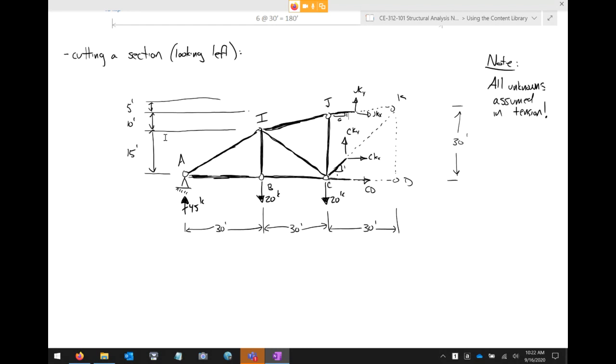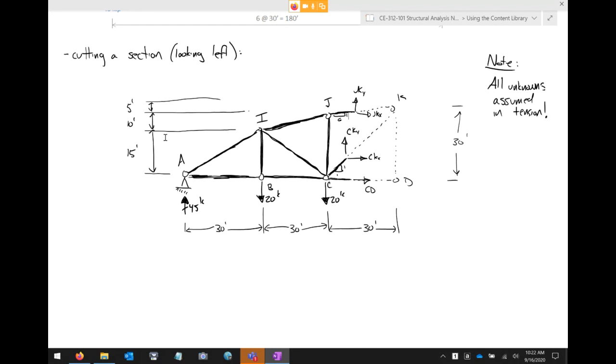So right off the bat, I think it just makes sense that if we're going to use an equation of equilibrium first, we ought to sum moments first, okay? That just makes sense from a strategy standpoint. Now, where do we sum moments? About which point? Well, remember, when you sum moments, you're trying to sum moments in such a fashion that you eliminate as many unknowns as you can. And so the idea is if you can find a point where 2 of those unknowns intersect, you can sum moments there to solve for the other unknown.